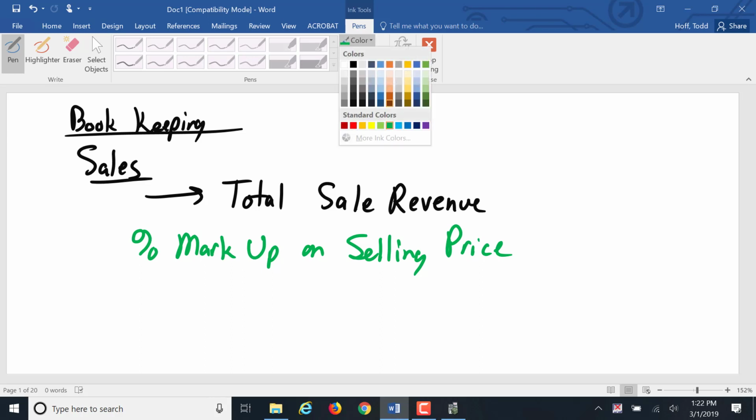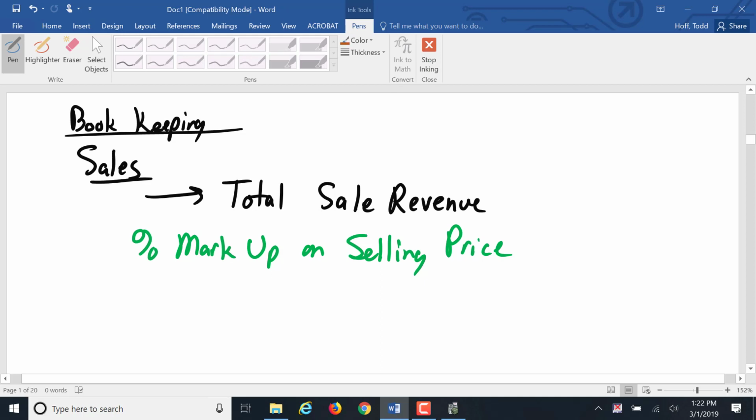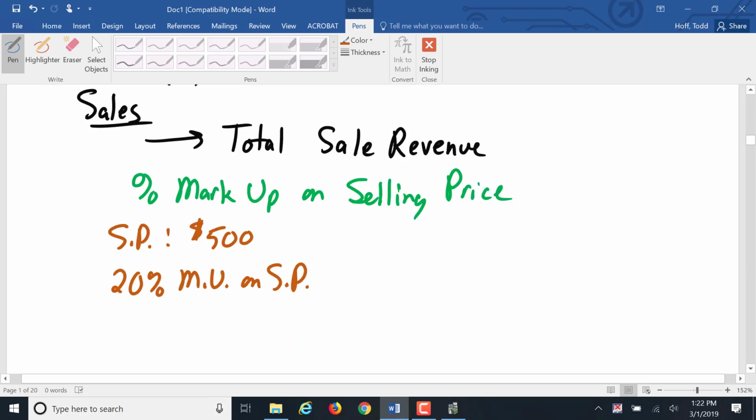So, looking at something that we sold, selling price of $500, and we're given that it is a 20% markup on that selling price, our table: cost plus markup equals selling price.